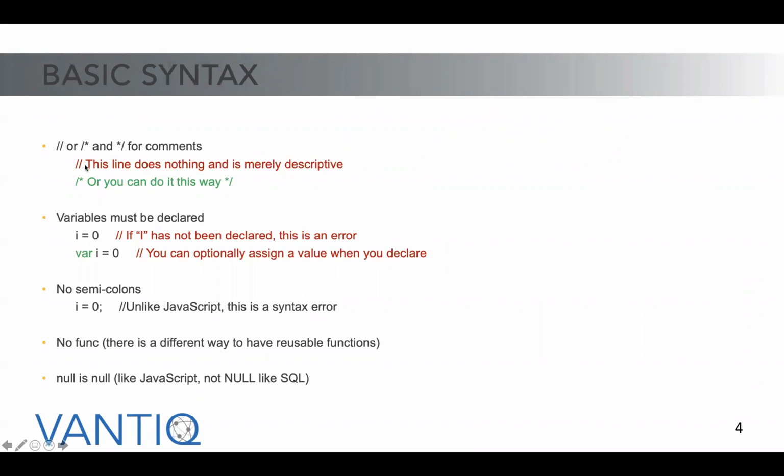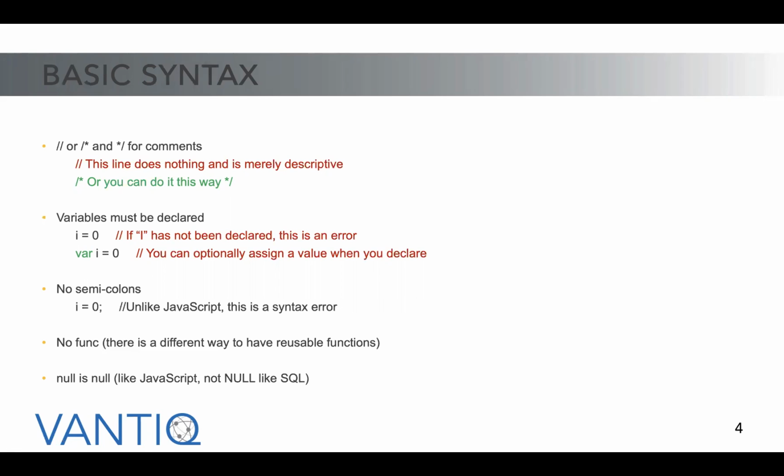Some of the basic syntax is pretty similar to all the other languages. If you want to comment out the code, use // or slash asterisk slash. The variables need to be declared. If you want an integer i equals 0, you have to say var i equals 0. You don't need to say it's an integer or a real or a string.